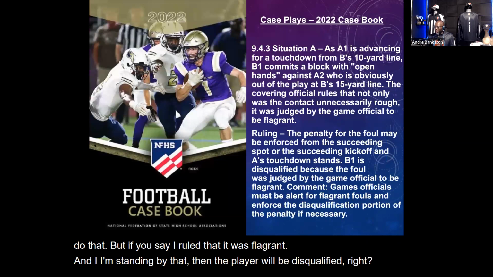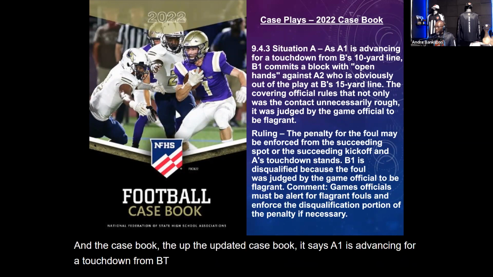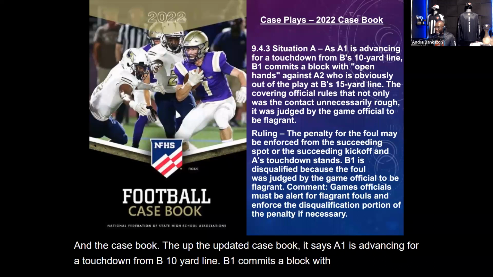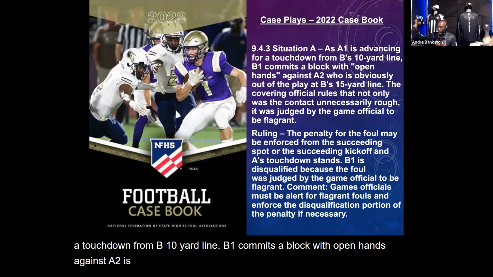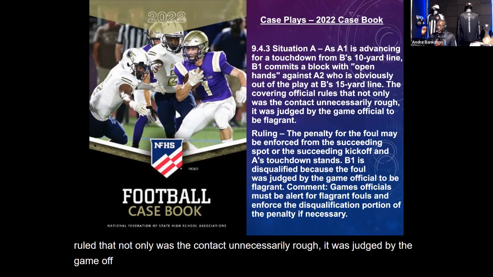And the case book, the updated case book, it says A1 is advancing for a touchdown from B's 10-yard line. B1 commits a block with open hands against A2, who is obviously out of the play at B's 15-yard line. The referee ruled that not only was the contact unnecessarily rough, it was judged by the game official to be flagrant.